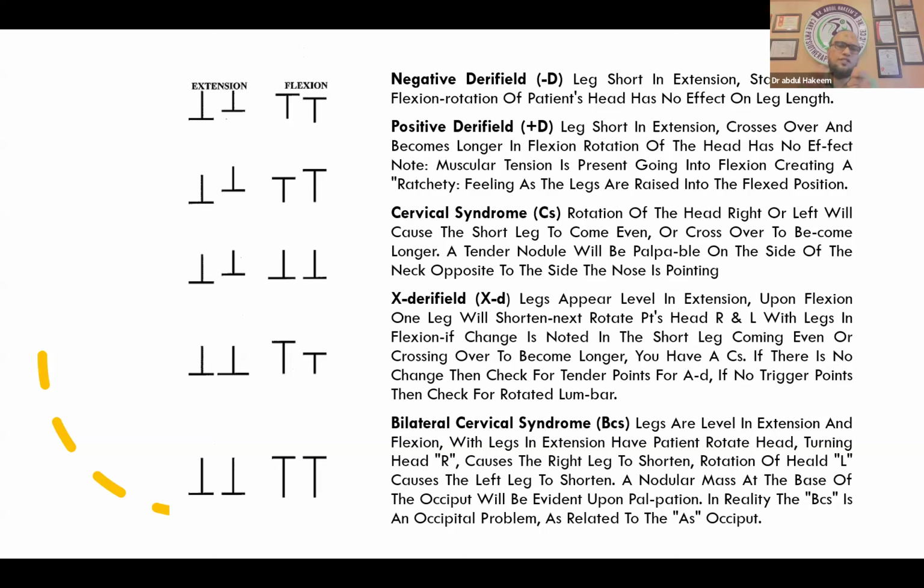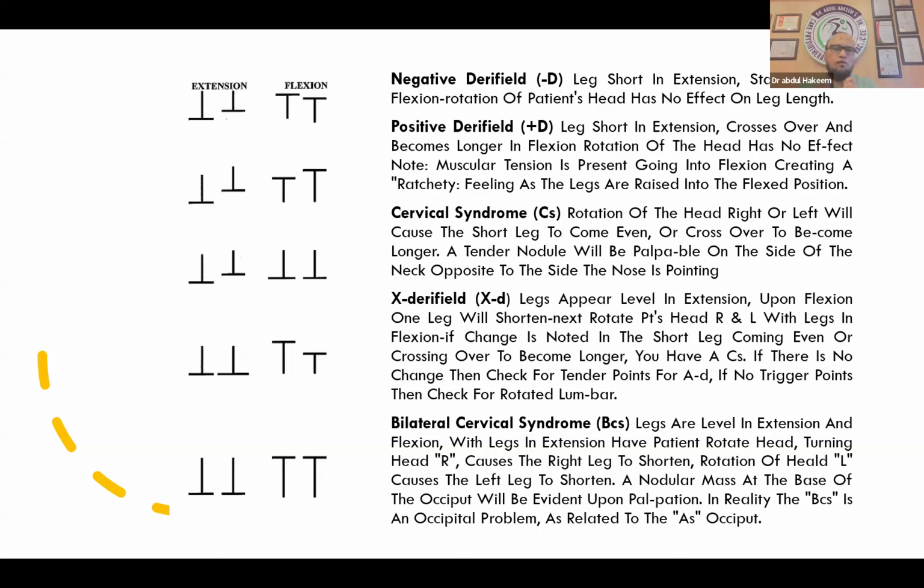If you go for flexion, the legs will remain equal again. In this scenario, in the extended knee position, ask the patient to rotate the neck to one side. If on right side rotation the right limb becomes short, there is a possibility of bilateral cervical syndrome.